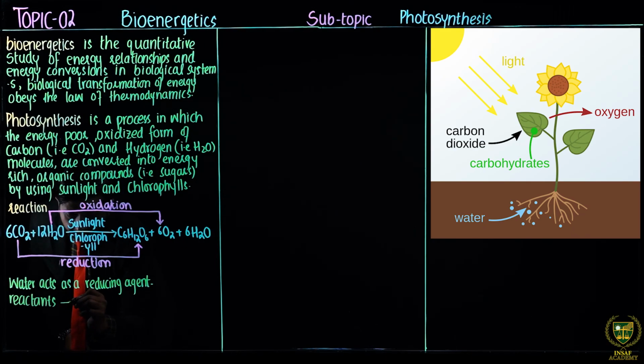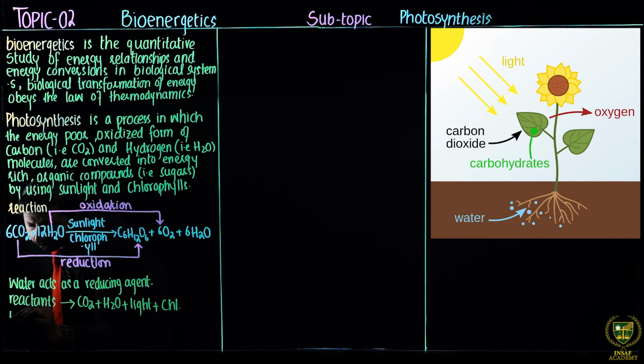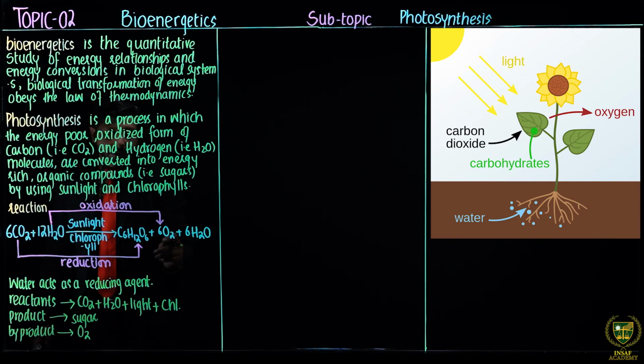Reactants are carbon dioxide plus water plus light plus chlorophyll. Clear? And what is the product? The product is the sugar, and the byproduct is oxygen. So here the oxygen acts as a byproduct. Clear?